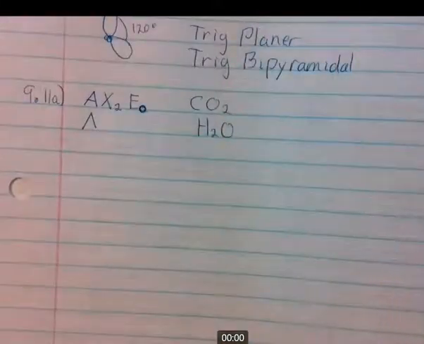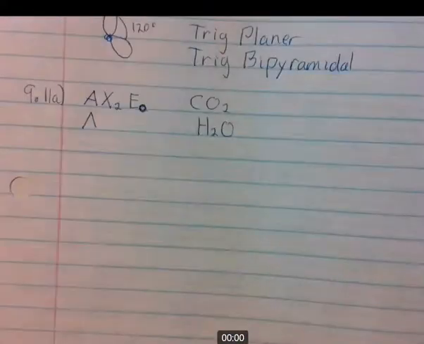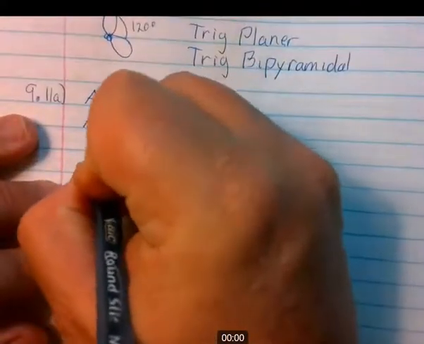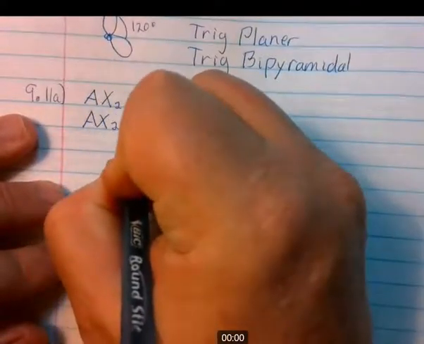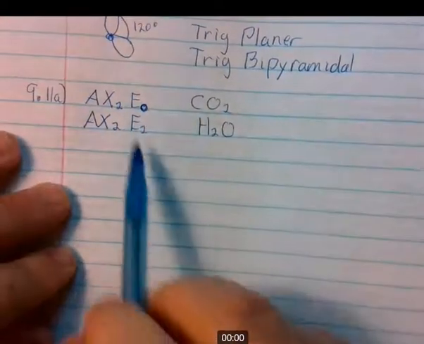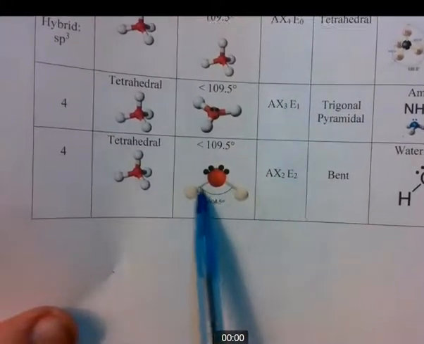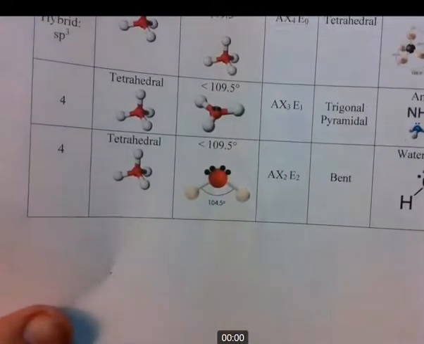For water, it would be AX2E2, because water has two lone pair electrons attached to it right there and there. Those are the E2s, and then the X's are the actual bonding pair right there.